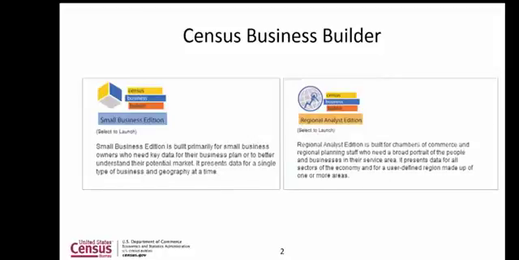It presents data for a single type of business and geography at a time. The Regional Analyst Edition is built for chambers of commerce and regional planning staff who need a broad portrait of the people and businesses in their service area. It presents data for all sectors of the economy and for a user-defined region made up of one or more areas.